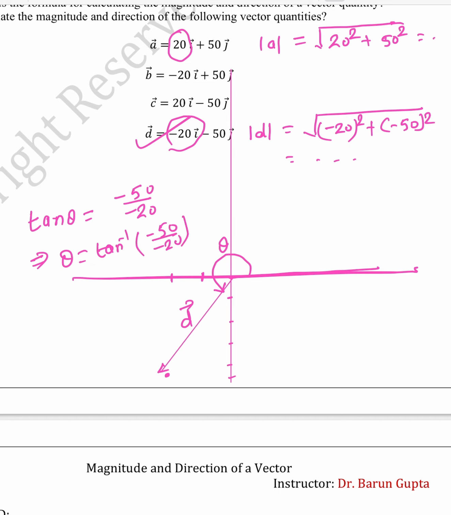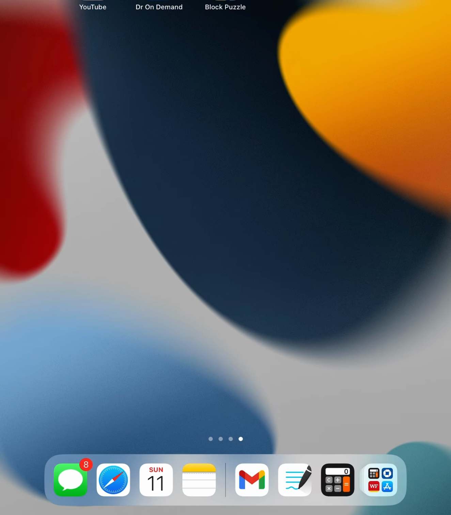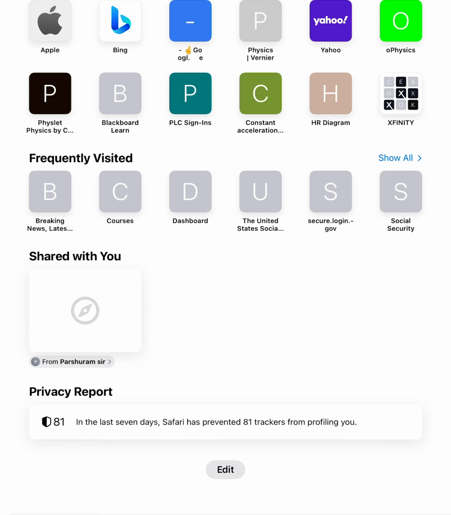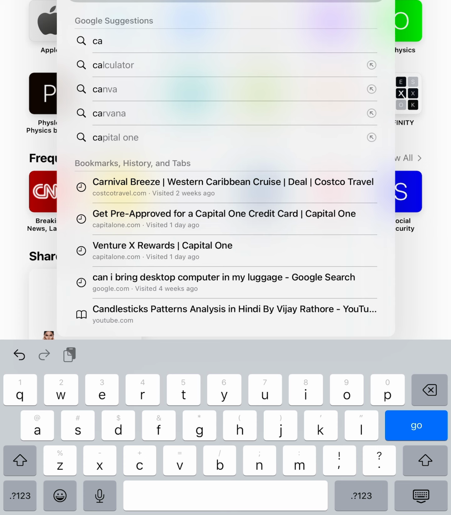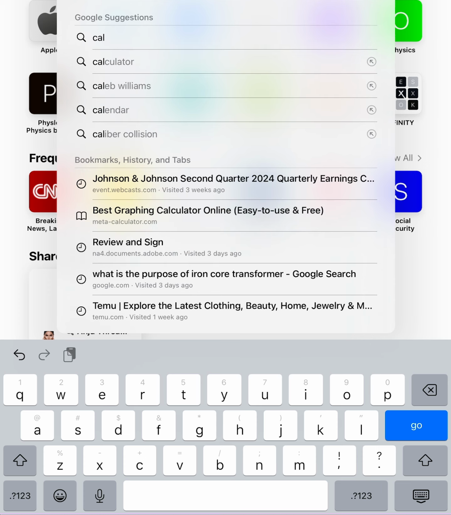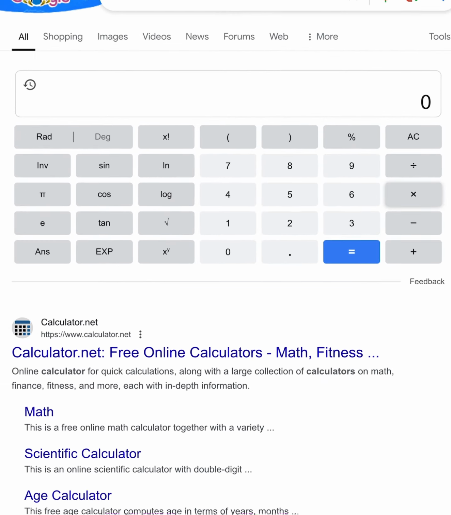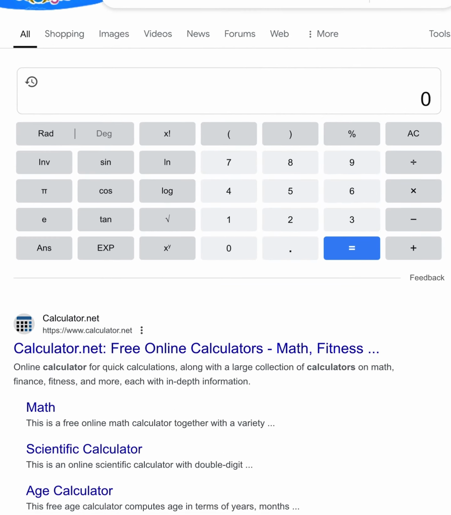Let me check my calculator. I can simply plug it into a calculator, or an online calculator. So we need the tangent inverse.